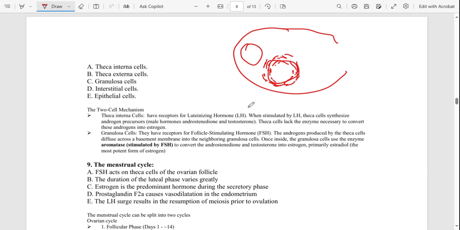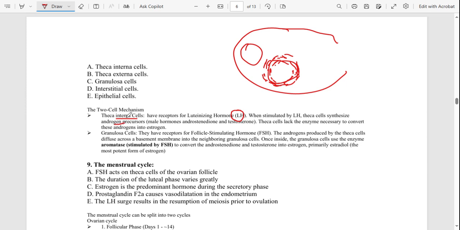So what happens is that the theca interna, not externa. The externa is basically more connective tissue. The theca interna cells have got receptors for luteinizing hormone. Please take note. This luteinizing hormone is going to come and bind on them to stimulate them to start making androgens.